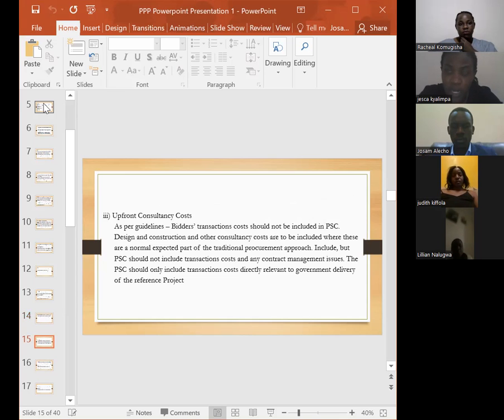When you look at an example of a project involving construction, let's say construction of a school or a hospital, it would involve things like design and build, and usually there are consultants who carry out such specialized and professional works like design. You'll need quantity surveyors, you'll need engineers on the team, and so many other consultancies. So consultants' costs should be considered.